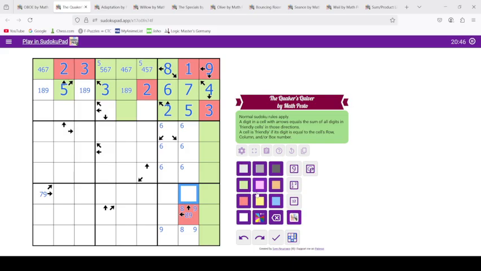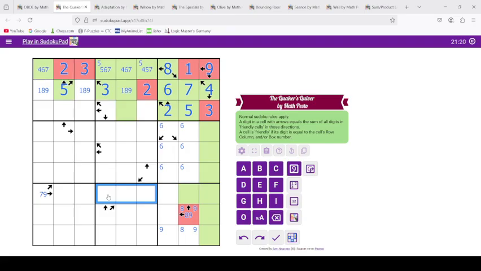This is not a 7, because of that. It's also not an 8 or a 9. If this were a 7, the max it could see is 5 more. Well, it has to see 5 more. So that means that none of these are an 8 for this box.